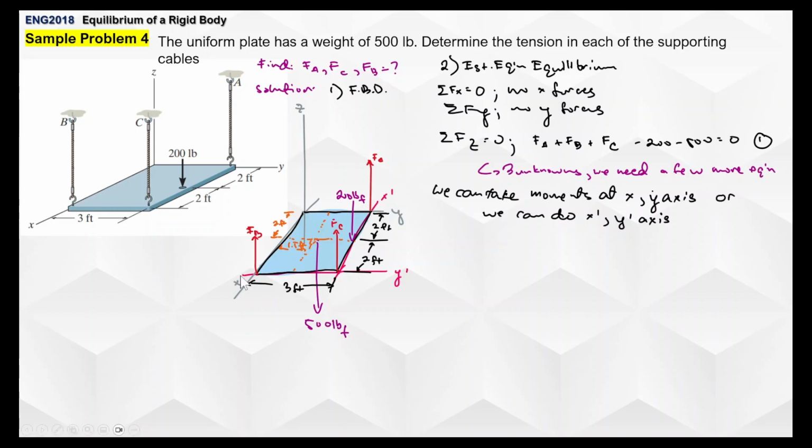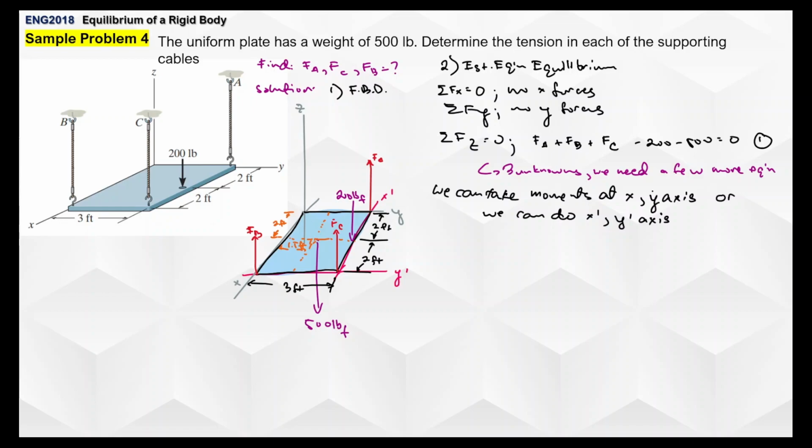So that we can eliminate a lot of forces at once and leave just one unknown, and you can solve them one at a time. If you read your book, it doesn't say that you have to take the moment about the established x and y axis. You can rotate it about a particular axis, just like so, x prime and y prime, so that it's easier to eliminate the forces and you can solve the equations scalarly.